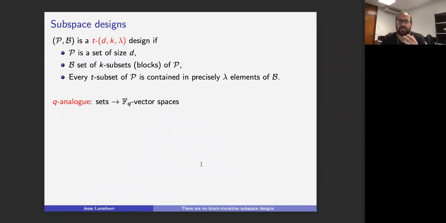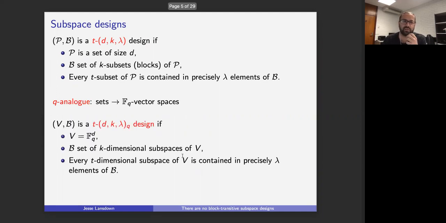Now, subspace designs are essentially the q-analog of block designs. So we take the word set and we replace it with the corresponding vector space definition over F_q. So in this case, we no longer have a set of size d, we instead have a vector space of dimension d.